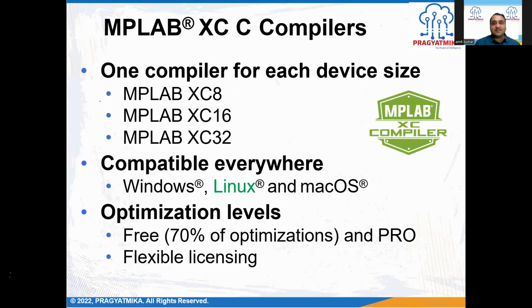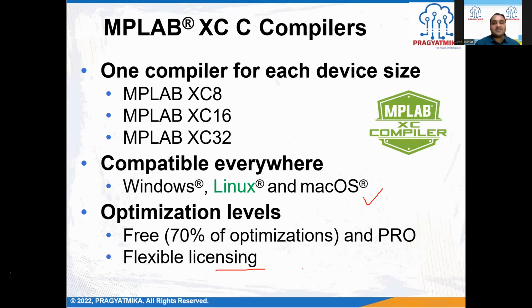So compilers are there for each device size from 8-bit to 32-bit, and they work with each of the operating systems: Windows, Linux, and Mac OS. And you can optimize them also. The free version gives 70% optimization, and with the pro version you will have 100% optimization.